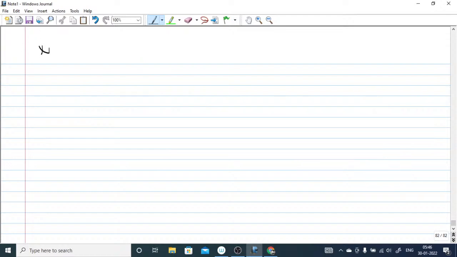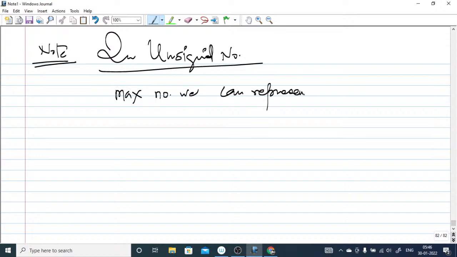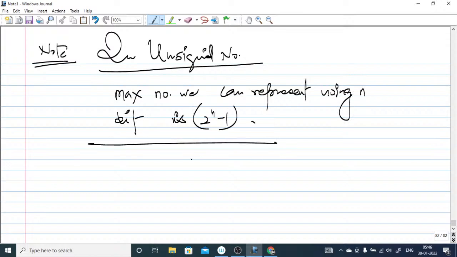And one more note to keep in mind: in an unsigned number, where only the magnitude is present, the maximum number we can represent using n bits is 2 to the power n minus 1.